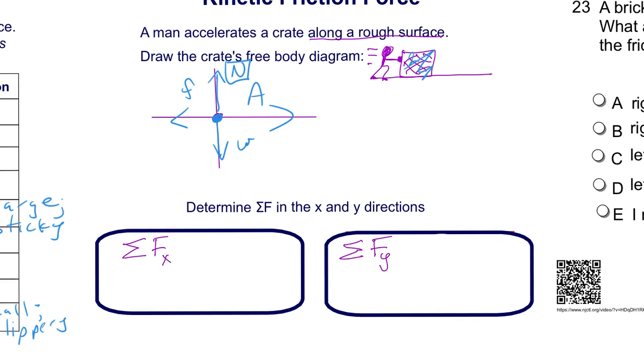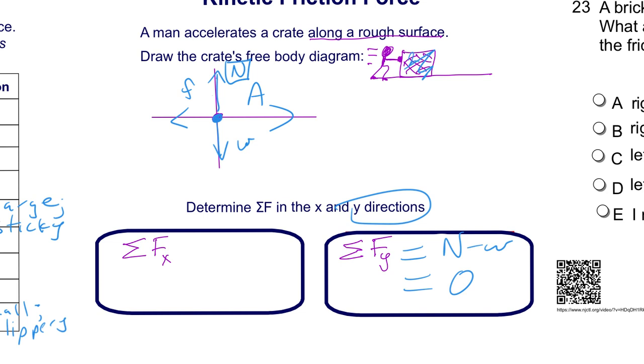Well, in the Y direction, the N and the weight cancel out. So it equals N minus weight, which equals 0. So there's no acceleration up or down.